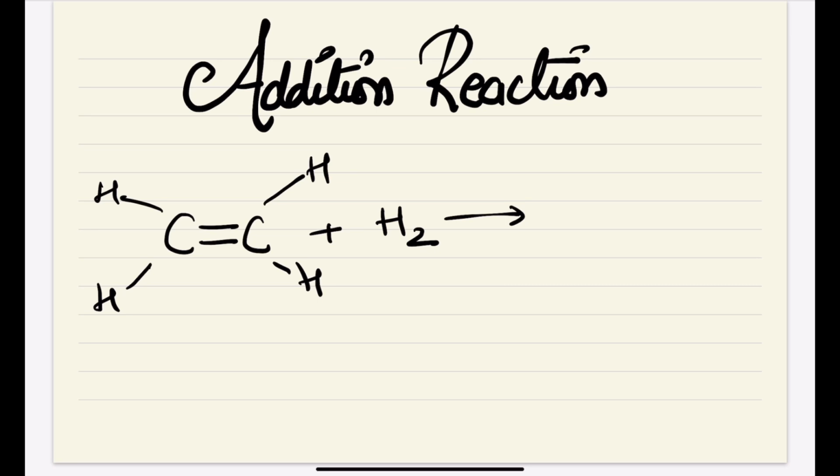So this is an alkene. By now you should know, because it's two carbon atoms, we're talking about ethene. So when you have hydrogen being added, hydrogen can be added over a palladium or a platinum catalyst, and then you will end up with ethane.